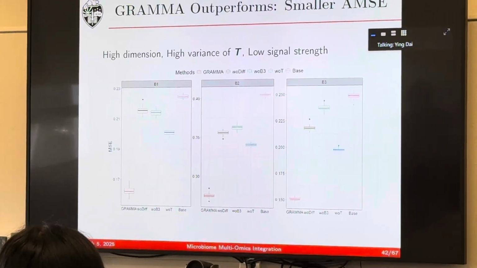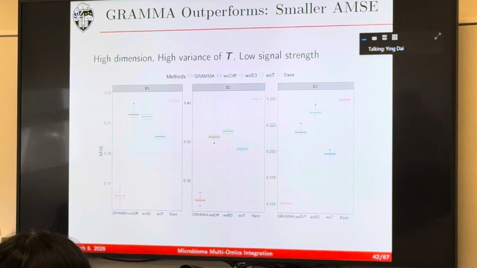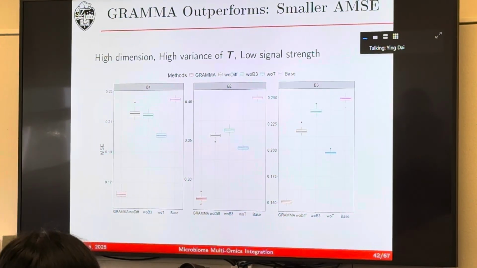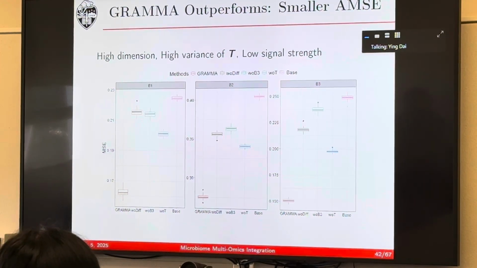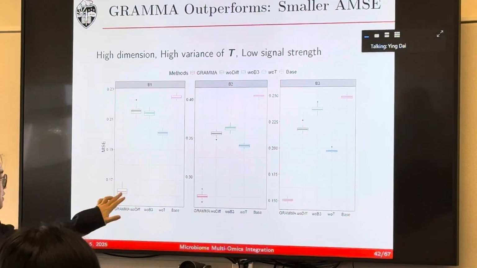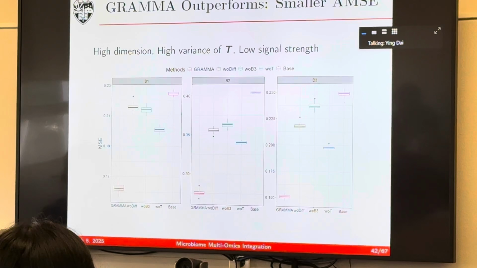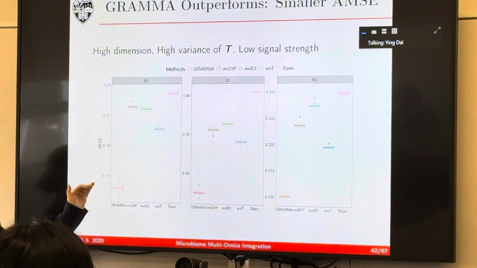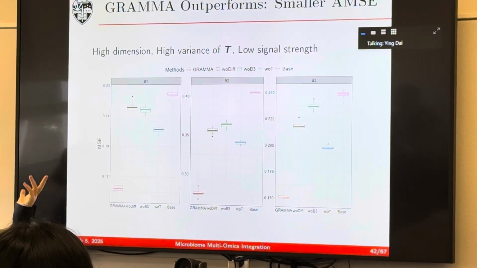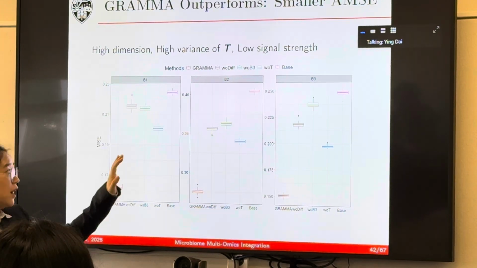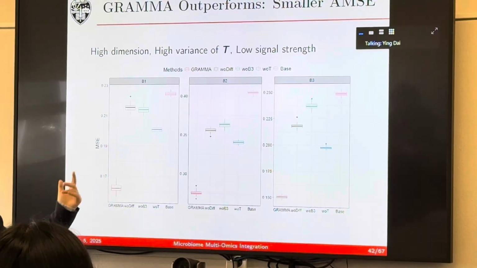And here is a better visualization for that, for one setting: high dimensional, high variance of T, and low signal strength. This pinkish or orange color is our method, and as we can see, the mean square error is at the bottom. Not surprisingly, our base model's performance is at the top.